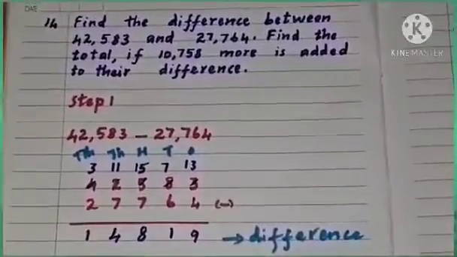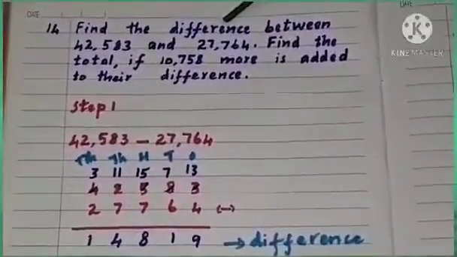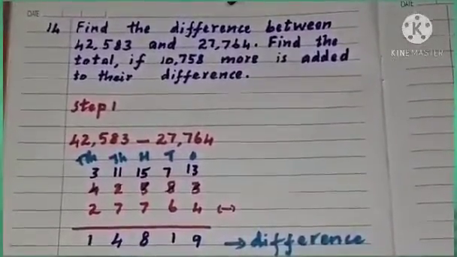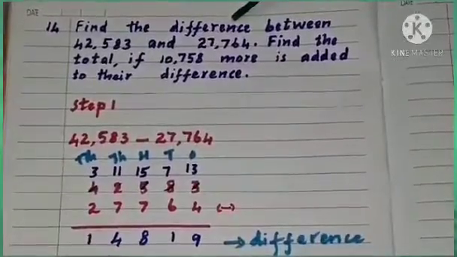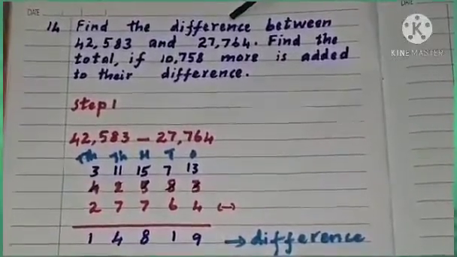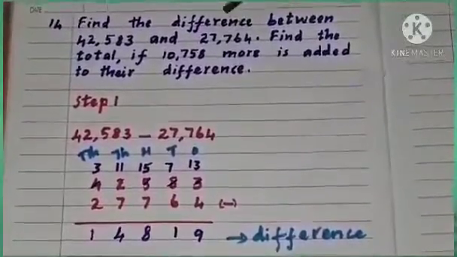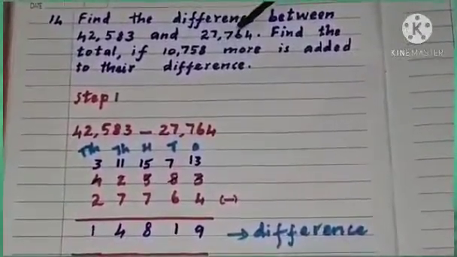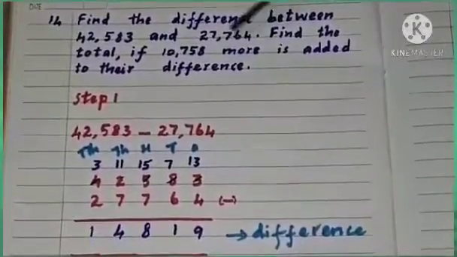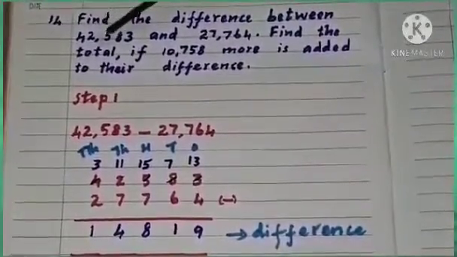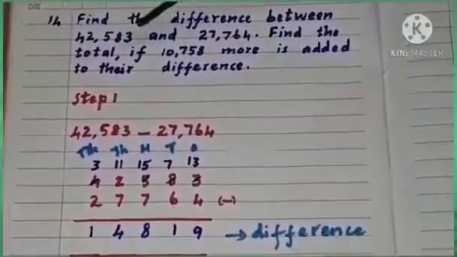What should we find out here in this question? We have to find the difference. What keyword is used here? That is difference. So, in the first step, we have to subtract 27,764 from 42,583.